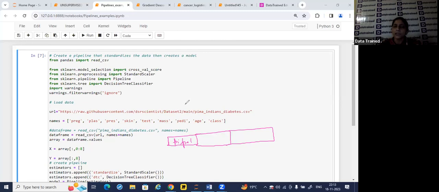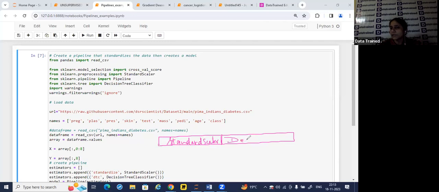So inside a pipeline, suppose I want to make a general pipe. Before sending the data to the model, first standard scale the data and then apply any ML model. Suppose I'm saying this is a decision tree classifier, you apply it.